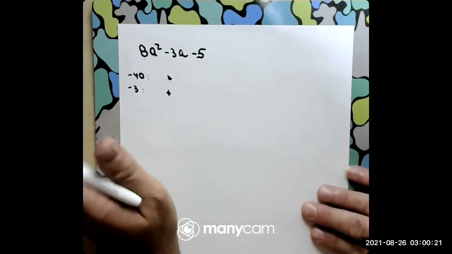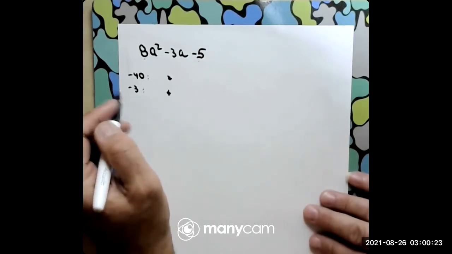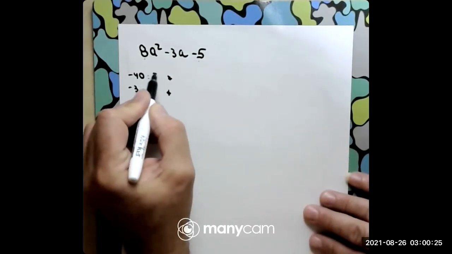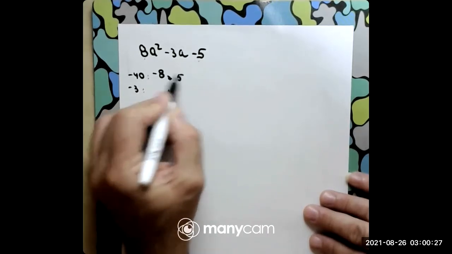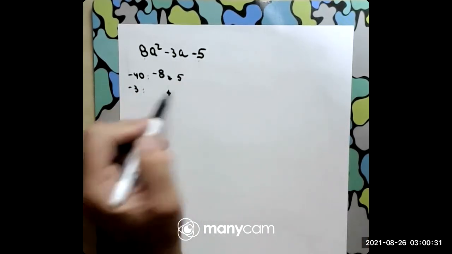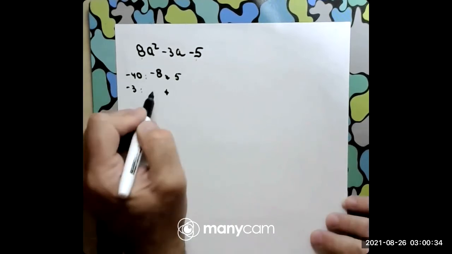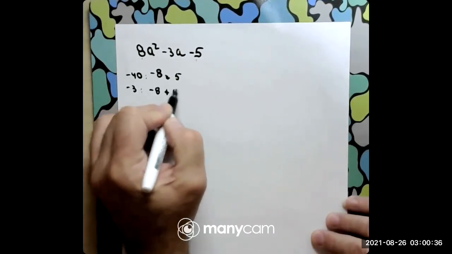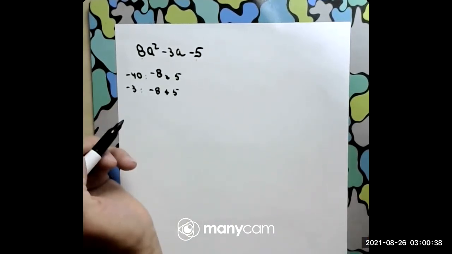I know the numbers, I'm just giving you some time. Hopefully you came up with negative 8 times positive 5, almost the original numbers. Minus 8 times 5 would be negative 40. Minus 8 plus 5 would be negative 3.